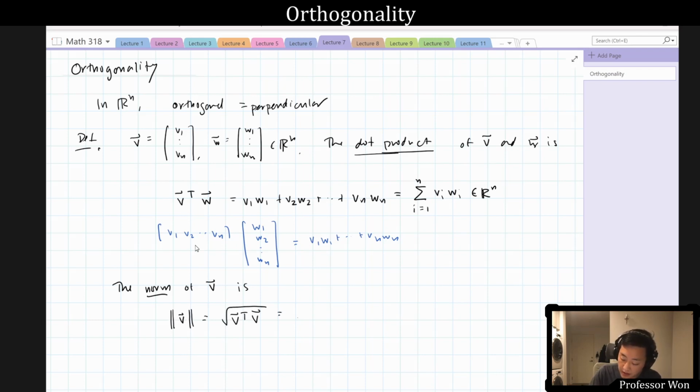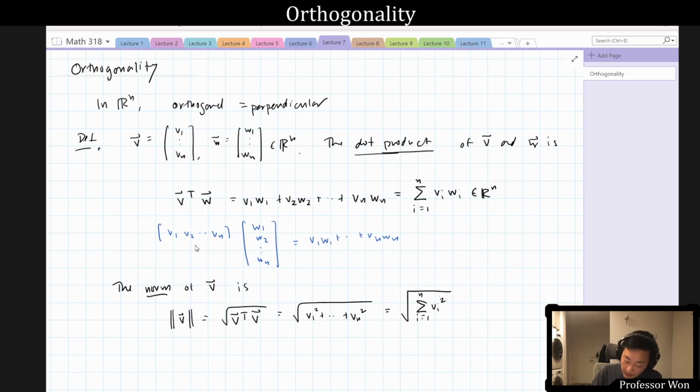In other words, since you're taking the same vector twice, it's just the square root of the sum of the squares of all the components, which in the notes is also written like this. So what we're doing is introducing a notion of length into our vector spaces, which isn't really part of Math 308, but is a very useful, important feature of these vector spaces, at least Rn.